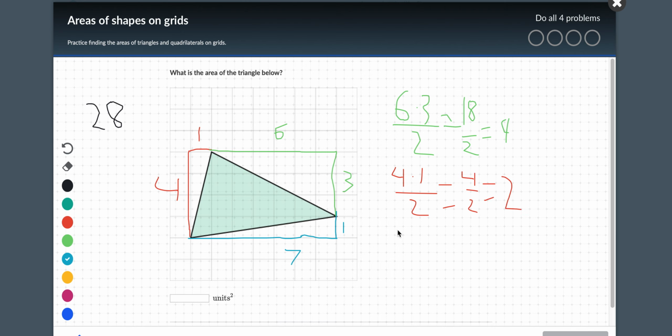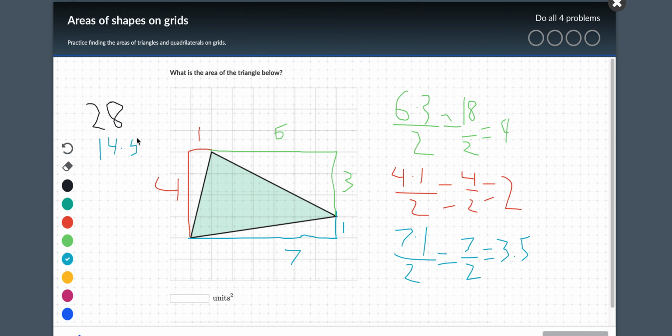And this last one, we do 7 times 1 divided by 2, and we get 7 over 2, which simplifies to 3.5. Now we're going to add these 3 together, and then we get 14.5.